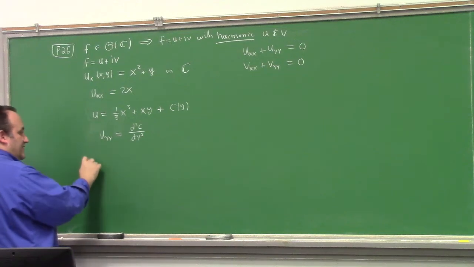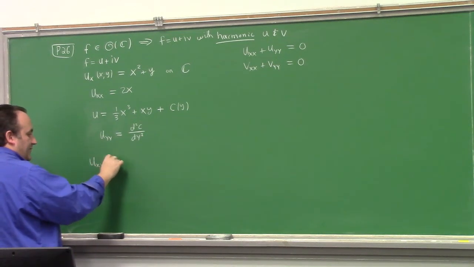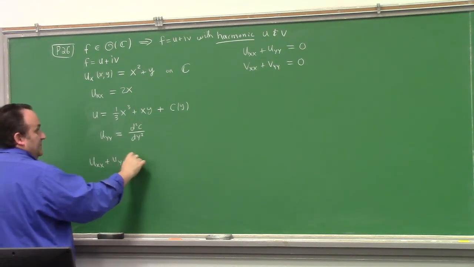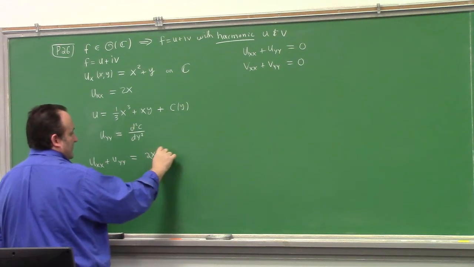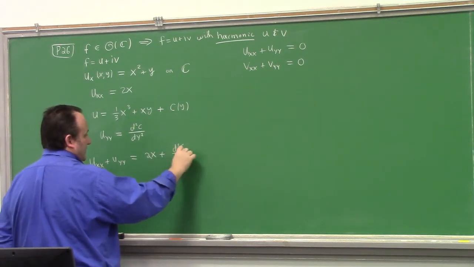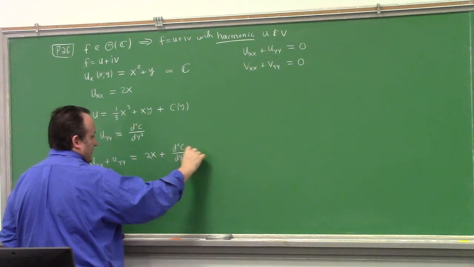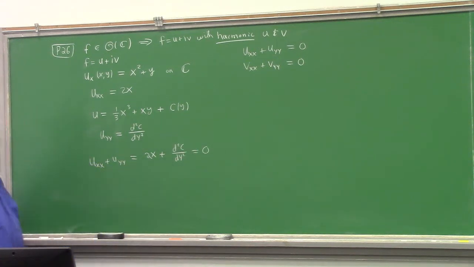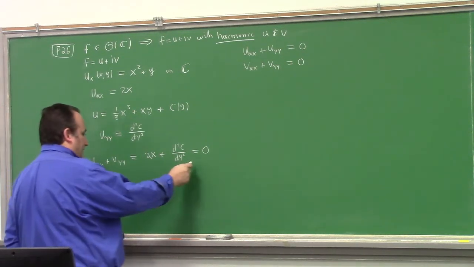So then you're left with a question. Can we have uxx plus uyy, which is equal to 2x plus d squared c/dy squared, can this be equal to 0? No, because we have a function of y. Exactly.